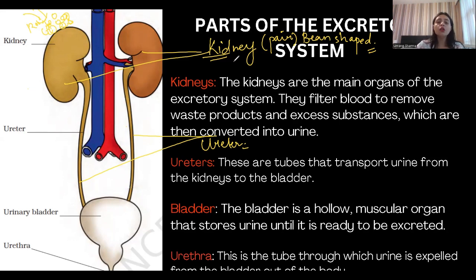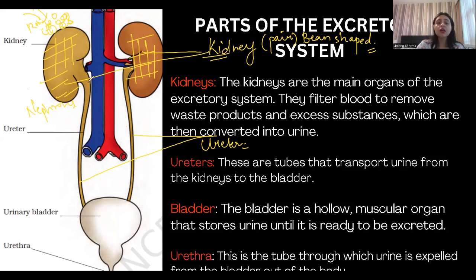What happens? All the waste materials are filtered out by the kidneys. There is a numerous amount of filtering units present inside the kidneys, and these are known as nephrons, which work in filtering out all the waste material from our body.